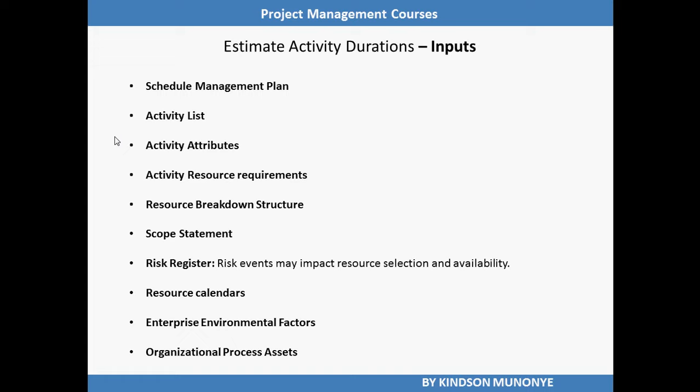Examples of assumptions in the project scope statement may be existing conditions, availability of information, length of reporting period, etc. We also need the risk register because risk events may impact resource selection and availability. Updates to the risk register are included with project document updates, which is also an output of this process.